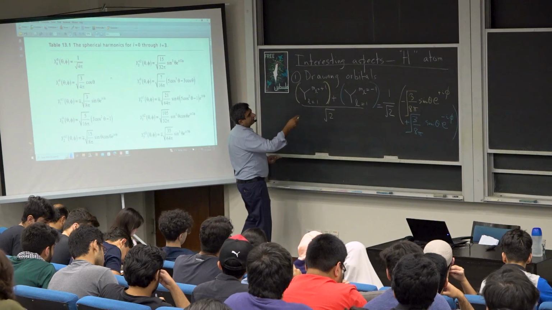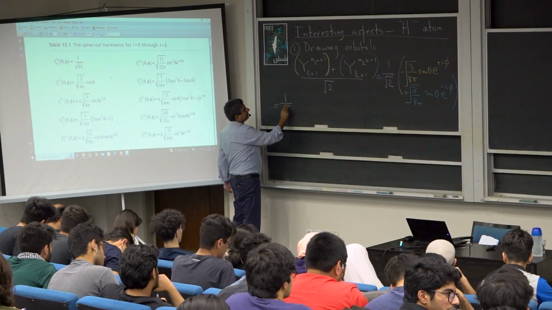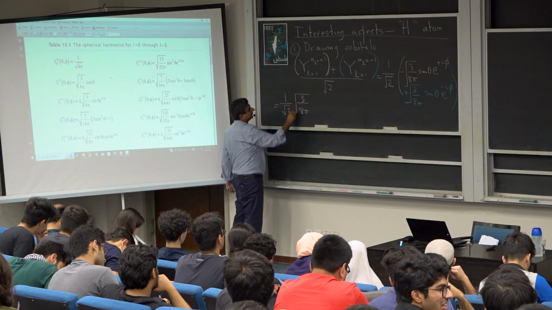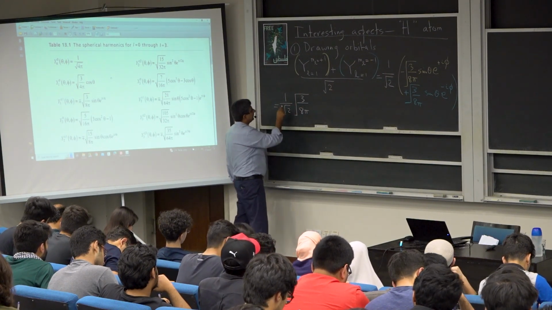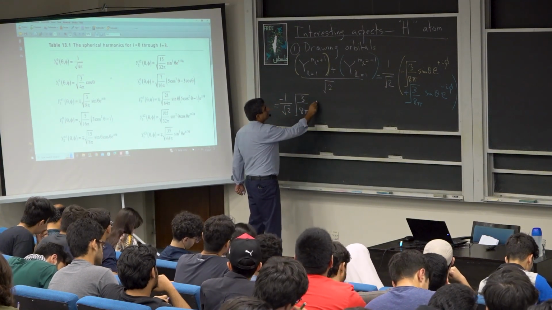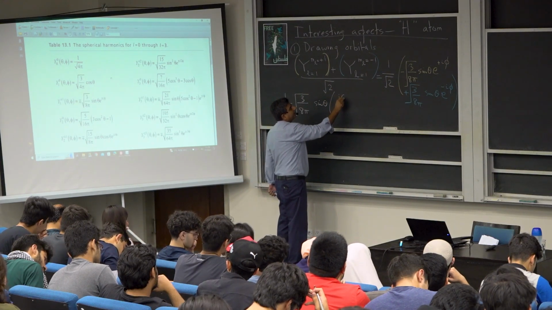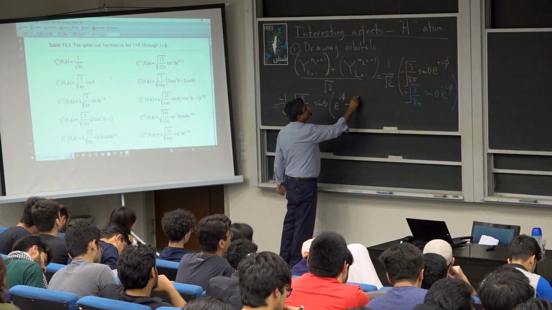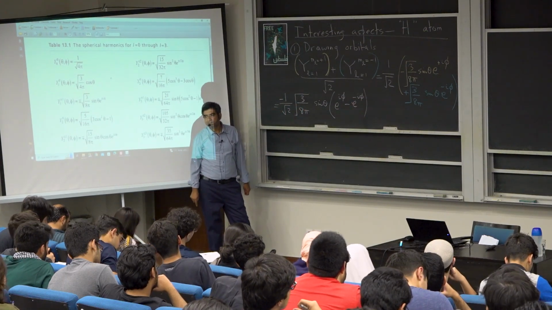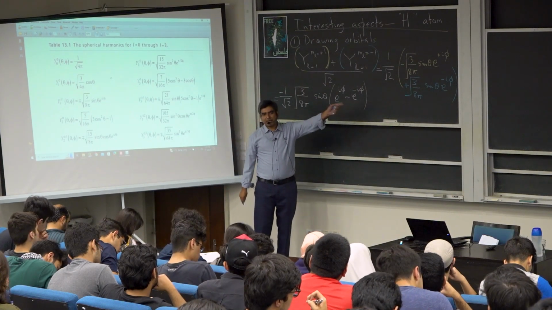So when I add all of this together, I get 1 over under root 2, 3 over 8 pi. All of this I can take as common. Let's take the minus sign outside, and I'm left with sine theta and e to the i phi minus e to the minus i phi, correct? So this of course is proportional to sine phi.